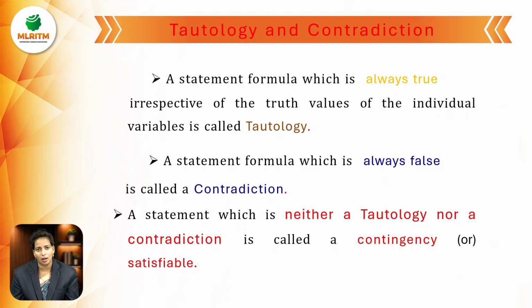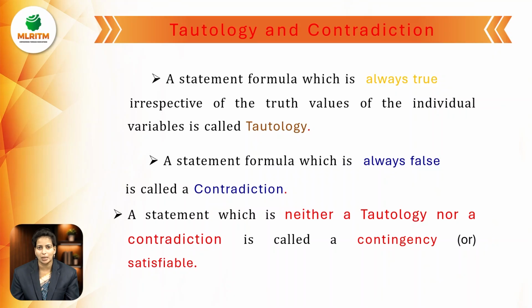Contradiction is also called absurdity. Next, contingency. A statement which is neither a tautology nor a contradiction is called a contingency. Simply, we can say that when some truth values are true while other truth values are false, it is called a contingency.